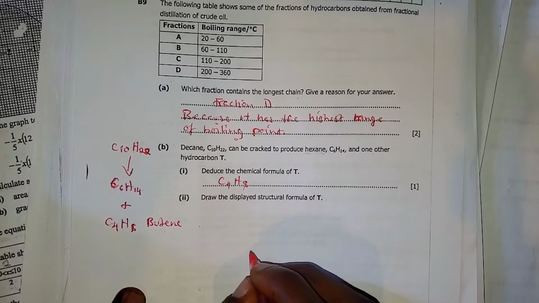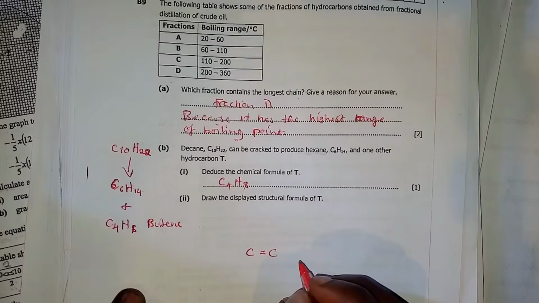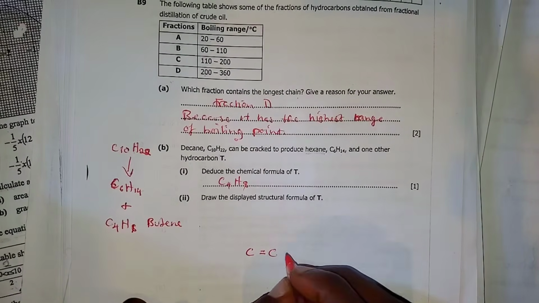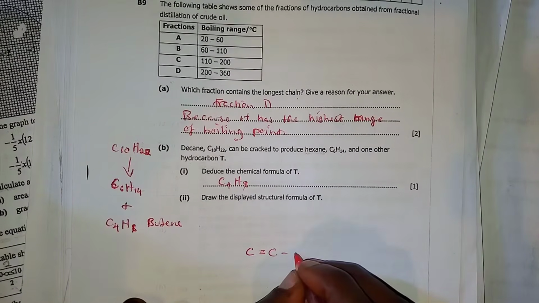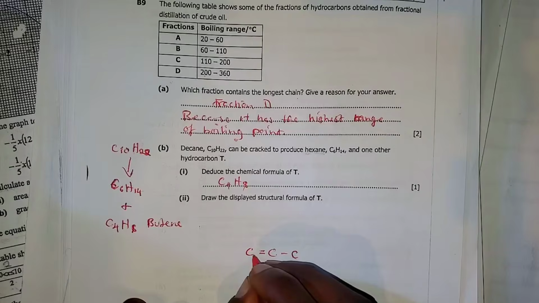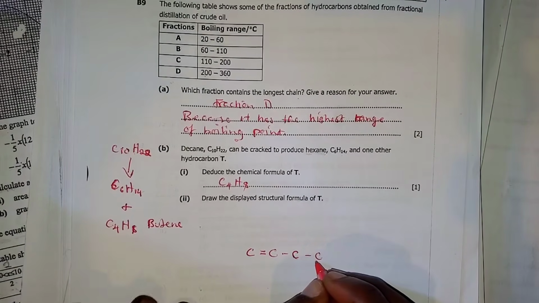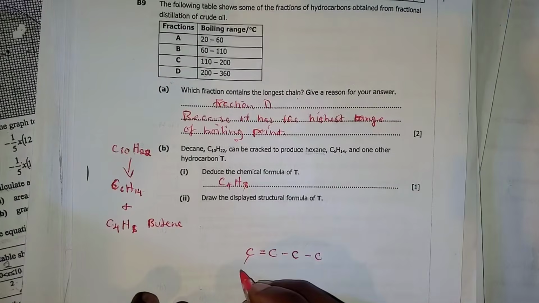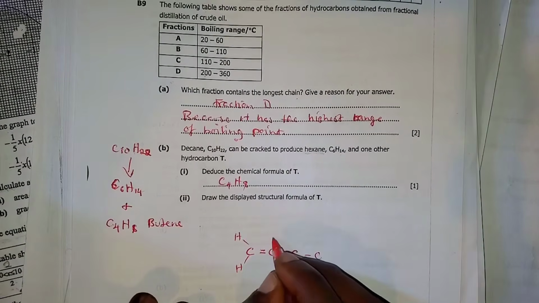The first carbon to carbon will be a double bond, since this is an alkene. Then we have 4 carbon atoms, so it will be C double bond to C, then C single bond to C, single bond to C.